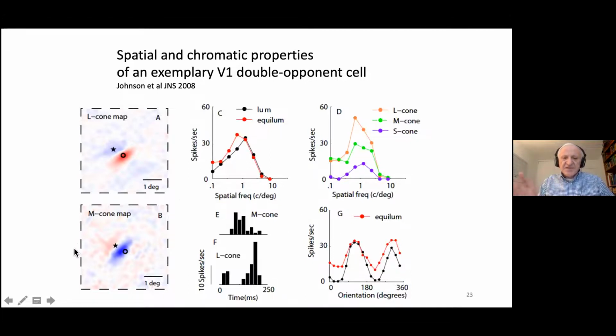And these are the most numerous color cells in the cortex. We think that they are most important for color perception, because of the kind of demonstrations that I showed you. The single opponent cells wouldn't be particularly important for responding at color edges, but a neuron like this would be very sensitive to a color boundary and would respond very strongly if the color boundary moved one way or the other.